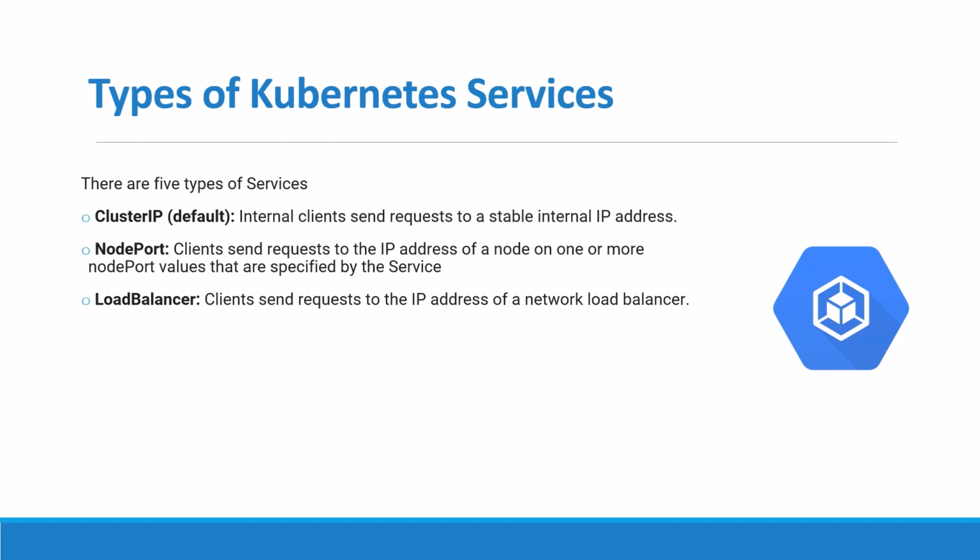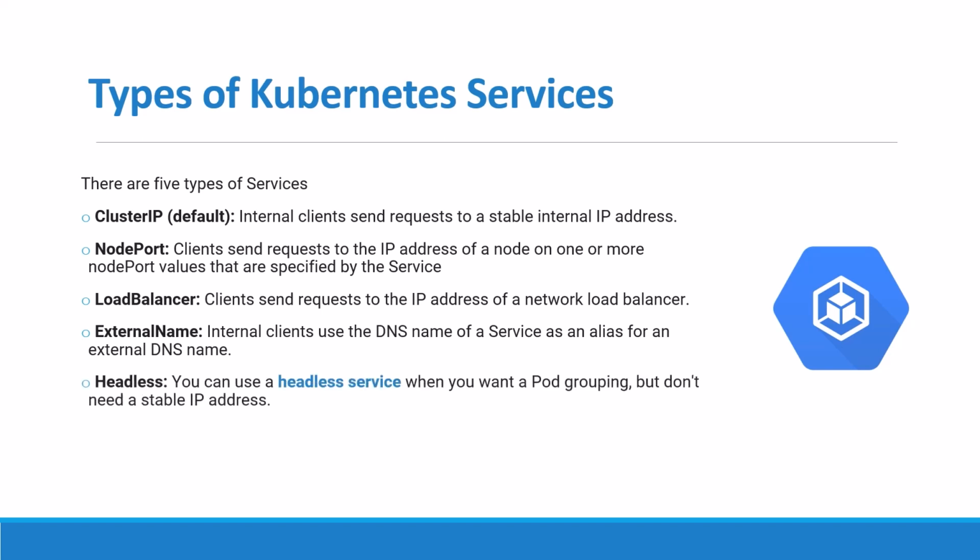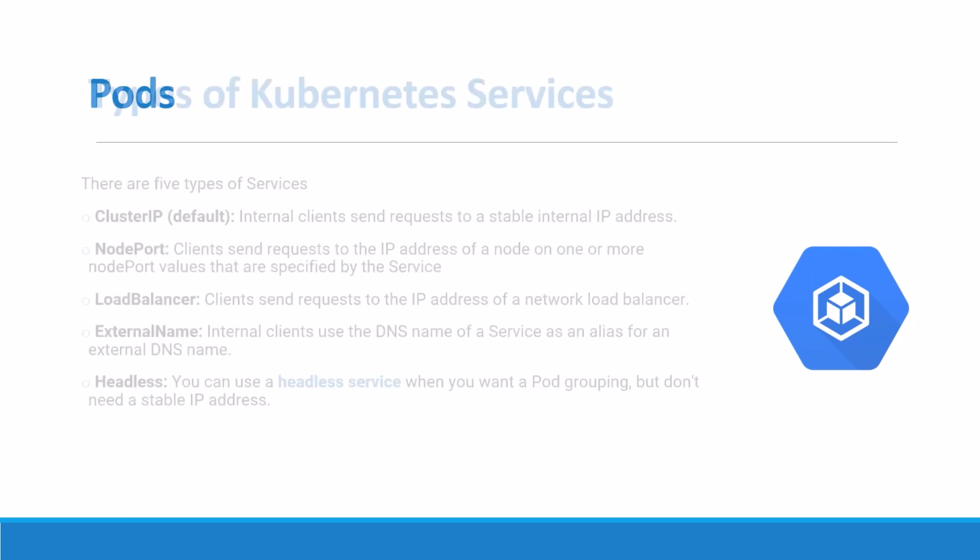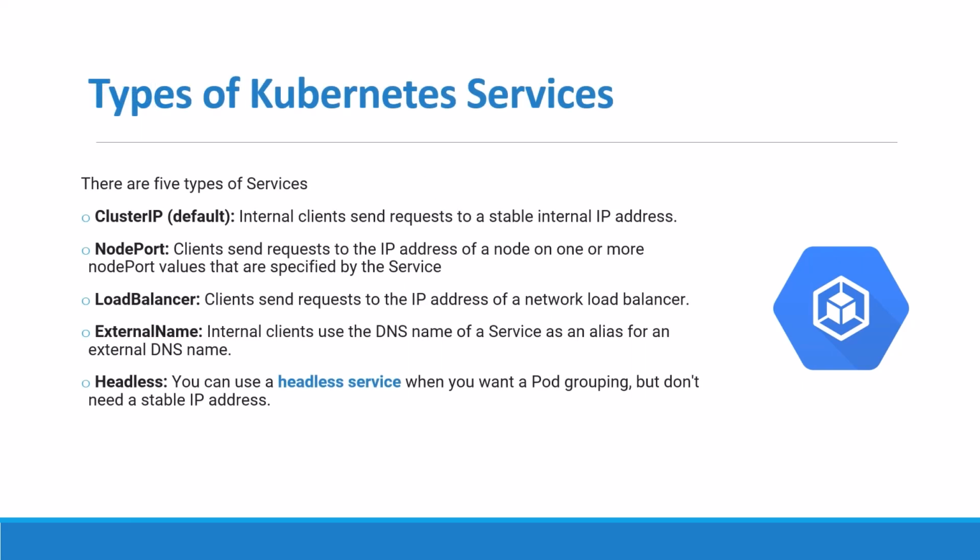Clients send requests to the IP address of a network load balancer. Another type of the Kubernetes service is external name, where internal clients use the DNS name of a service as an alias for an external DNS name. The next one is headless. You can use the headless service when you want a pod grouping but do not need a stable IP address. So these are brief descriptions of these types of services.